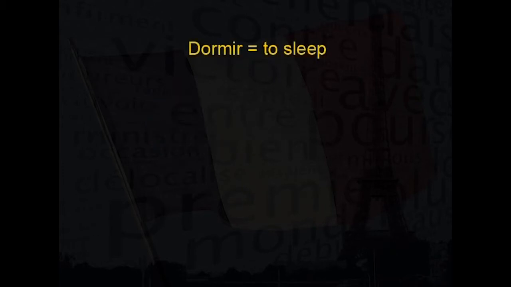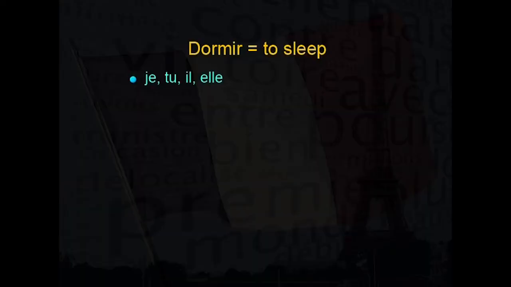Next, let us consider the verb dormir, which means to sleep. The conjugation of this verb is slightly tricky, and the easiest way to understand it is by separating the singular forms, that is je, tu, il and elle, from the plural forms nous, vous, ils and elles.